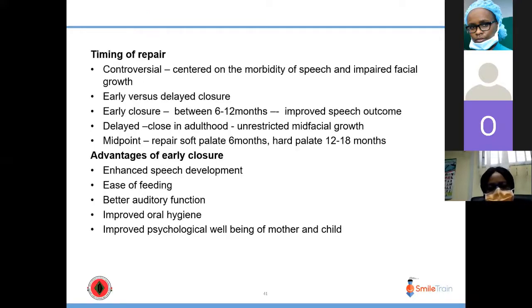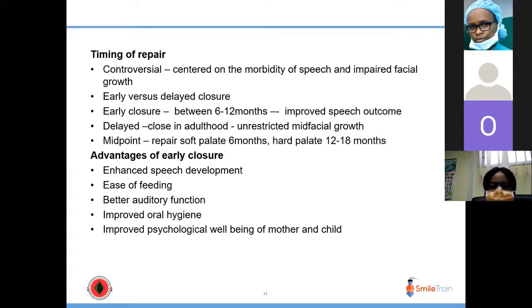So, the timing of repair. There are two schools of thought on the best time to repair the clefts. This controversy is actually centered on the concern of the surgeon for proper speech development and also the facial growth. Those that believe in early surgery believe that the speech is going to be improved.